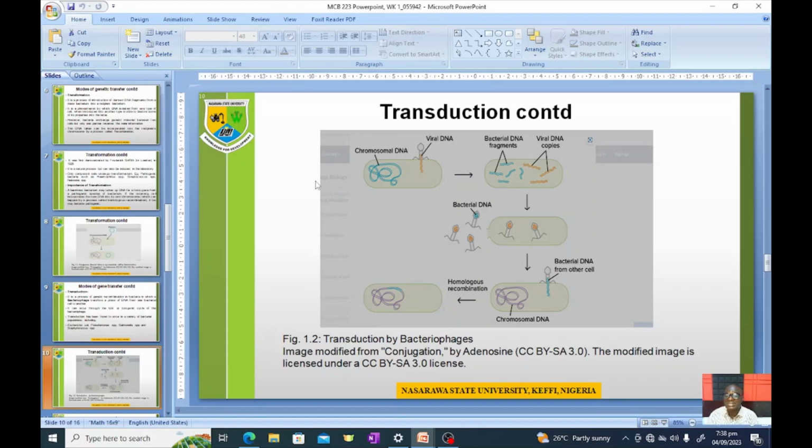And when such cells are made to undergo another cycle of transduction or reproduction, they will produce bacterial cells that contain the particles introduced by the bacteriophage, as seen on the last cell, where the chromosomal DNA of the bacterial cell, by homologous recombination, is incorporated with what the bacteriophage introduced into the cell.